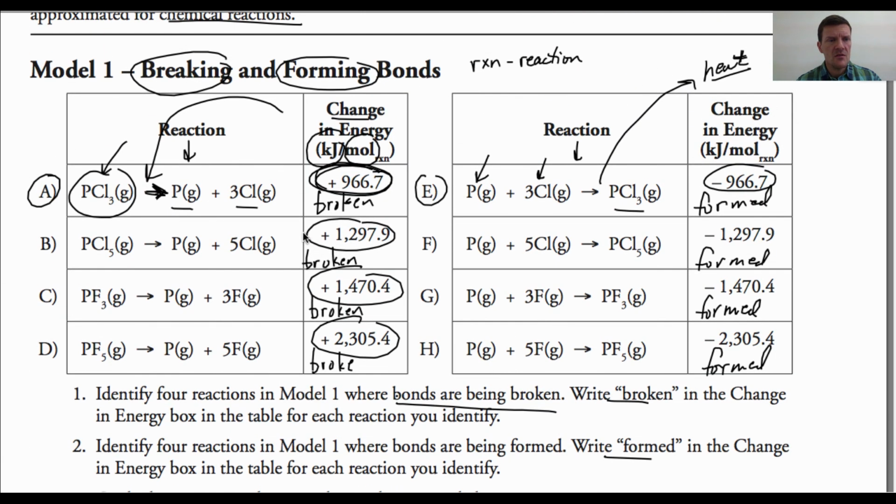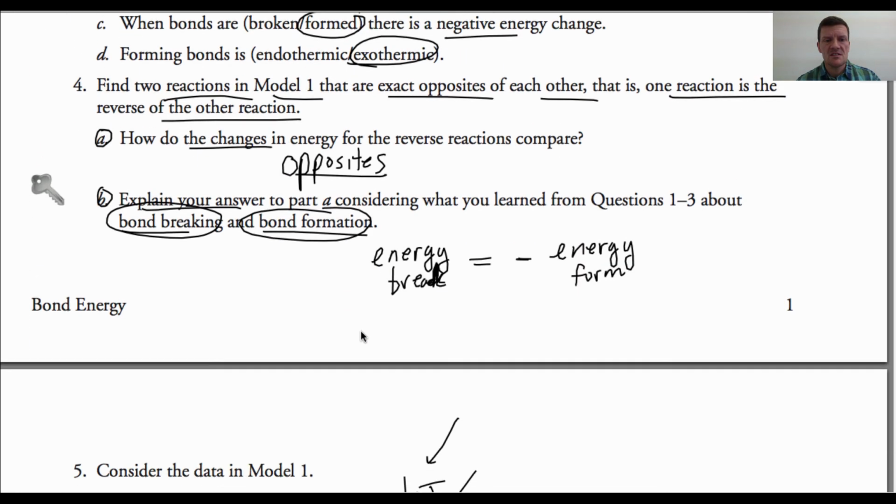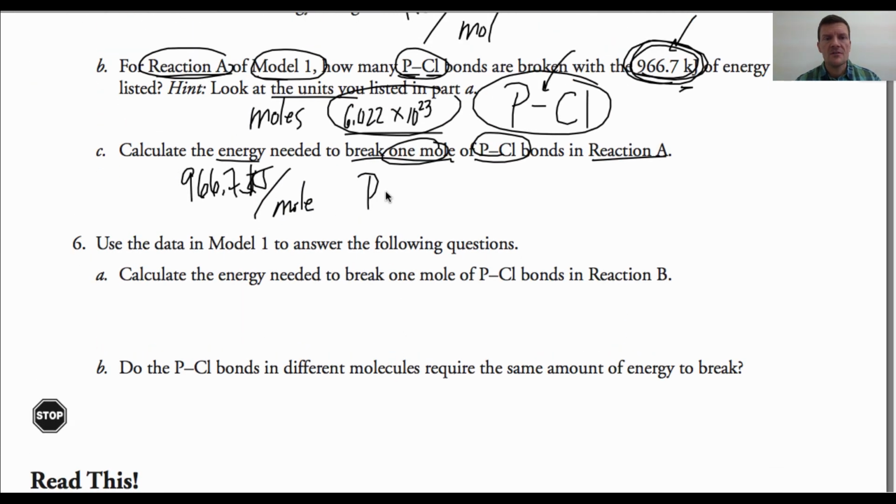Is this PCl or is it PCl3? My apologies. Let's just make a small little alteration here. PCl3. All right. So actually it would be P bonded to 3 Cl's here. So it's P bonded to 3 of them.